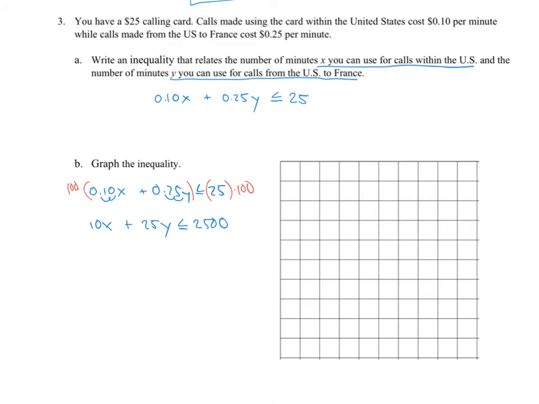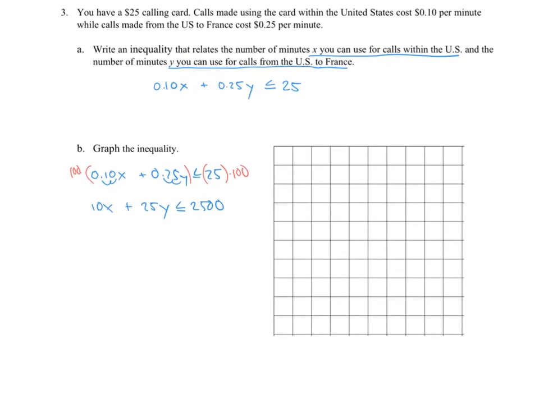Since this is in standard form, I'm going to use the intercept method to graph this and find my x and y intercept. So my x-intercept is going to be when y equals 0.